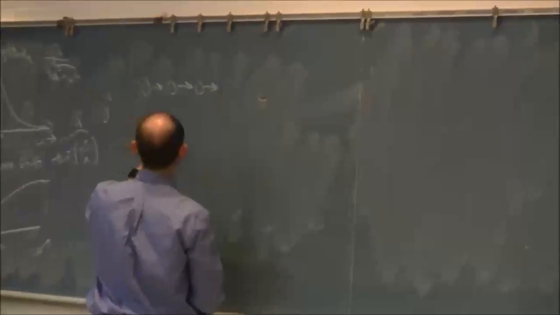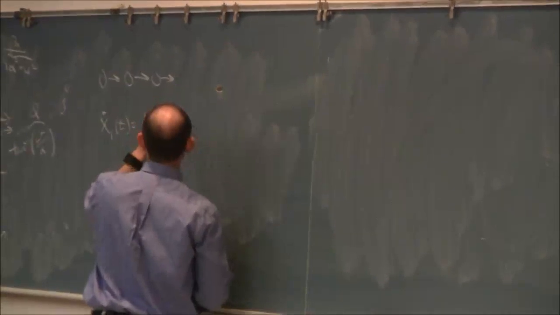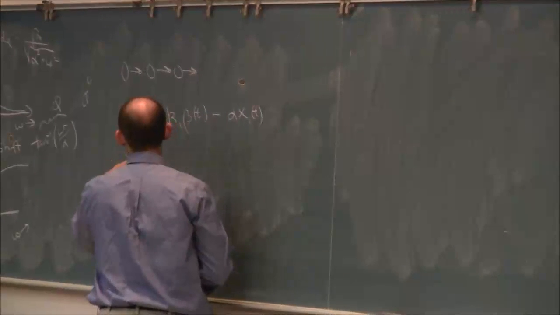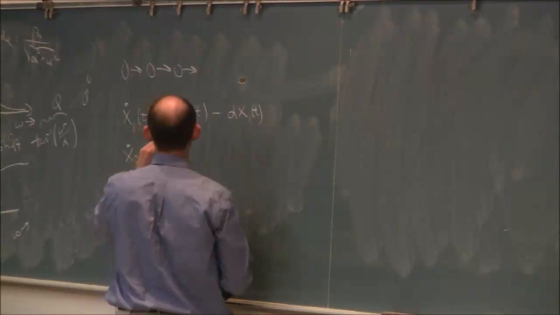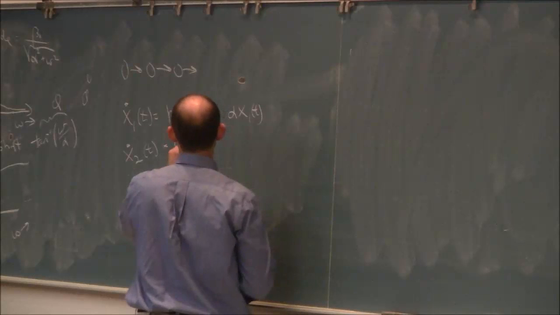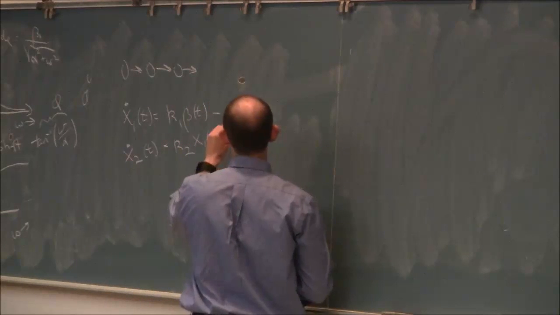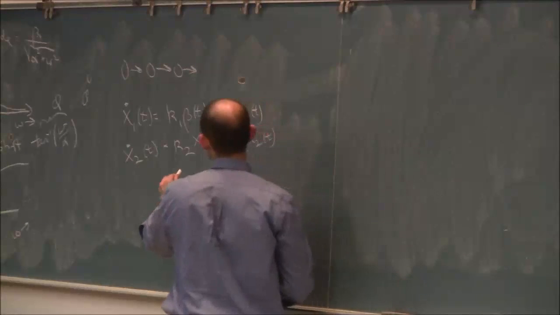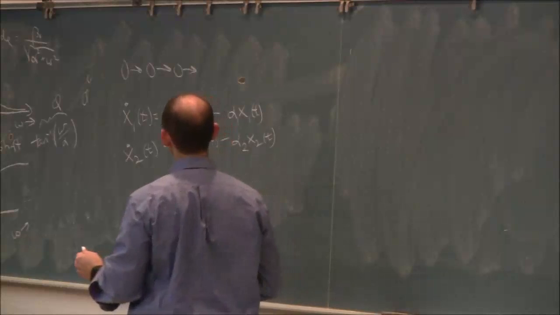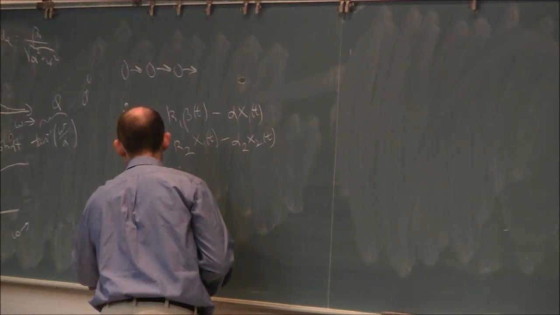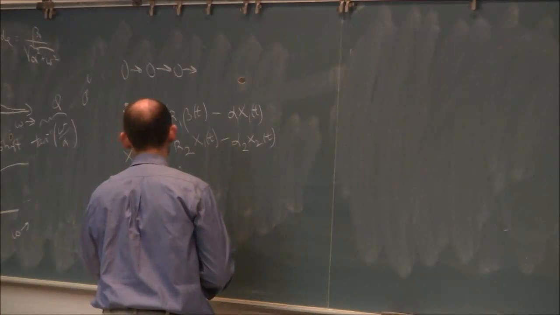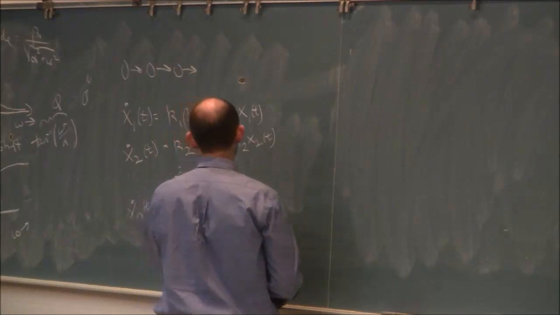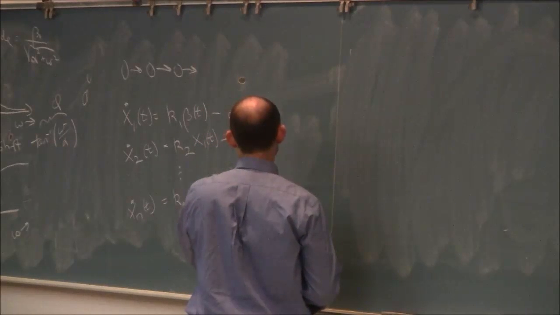So x1 dot of t is equal to k1 beta of t minus alpha x1 of t. x2 dot of t is equal to k2 x1 of t minus alpha 2 x2 of t, and it goes on for n steps. So xn dot of t is equal to kn xn minus 1 of t minus alpha n xn of t.